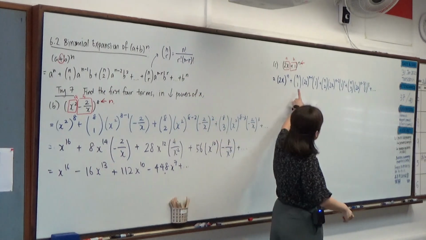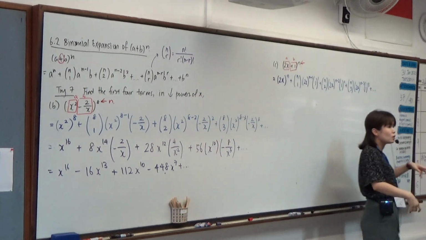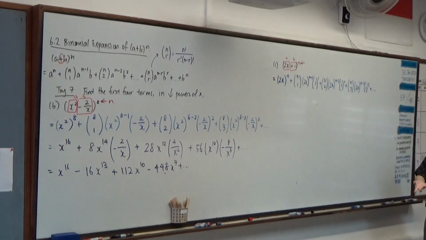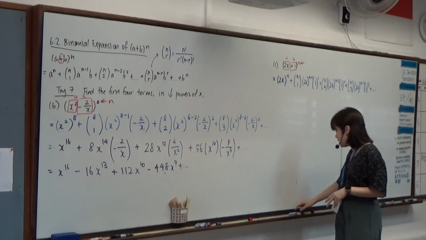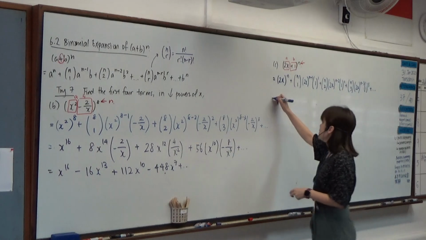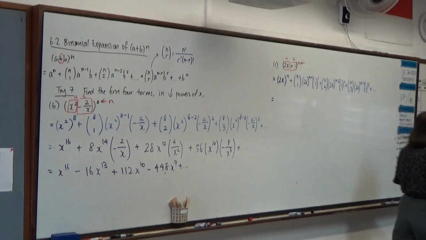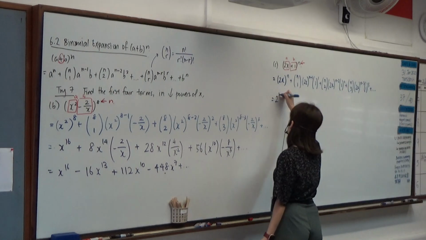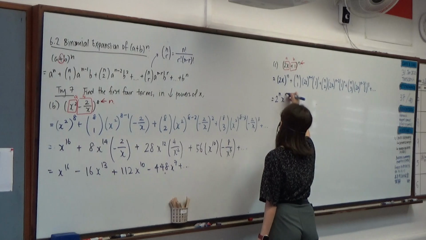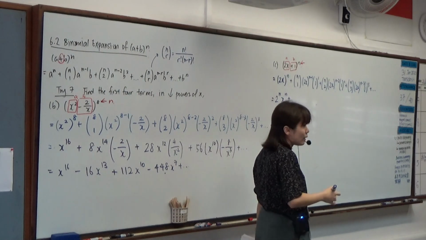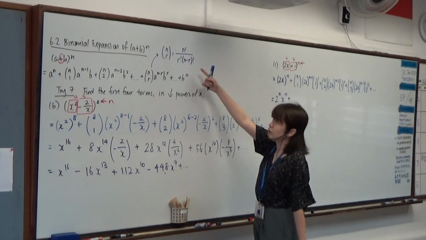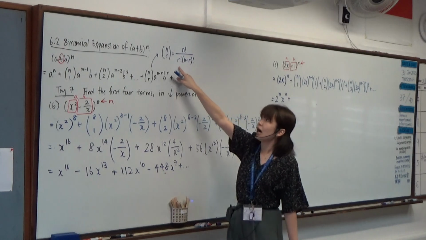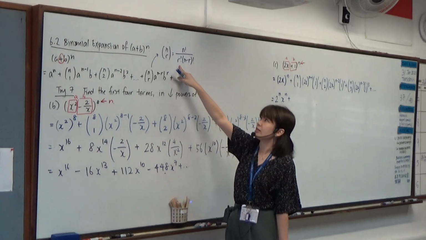So you cannot actually leave it in this form, although it does look like it is already at the neatest form. What you need to do next, for our bracket 2x to the power of n, you can actually leave it as 2 to the power n, x power n. For n choose 1, if you use the formula, your r will actually be 1 itself.